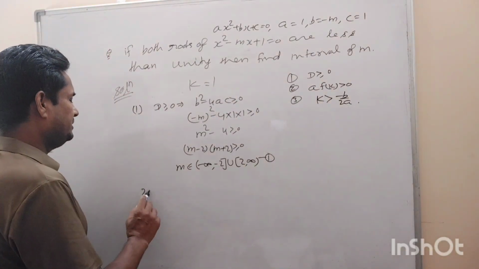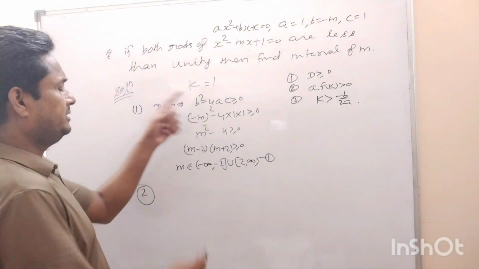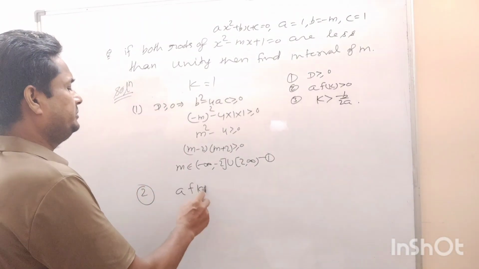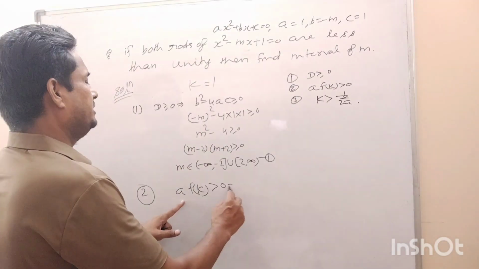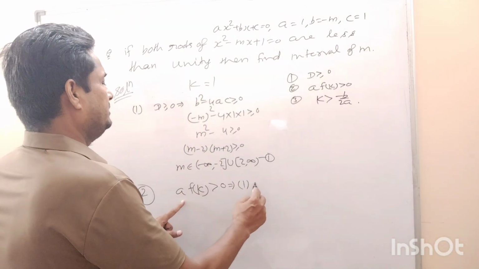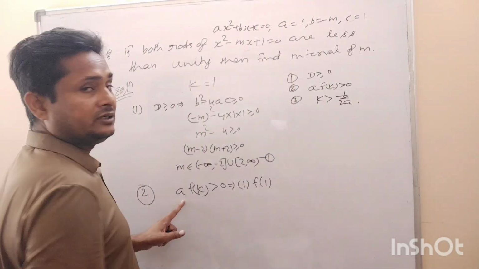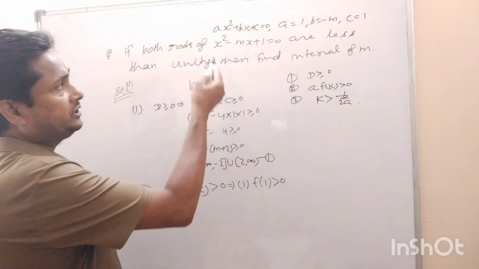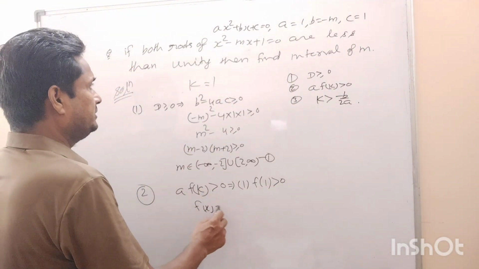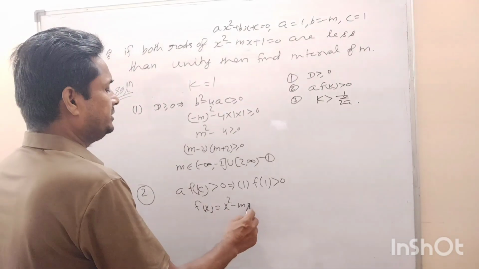Now the second condition answer. af(k) must be positive. a is 1, that means a is 1, and k is 1, so f(1) will be greater than 0. And what is f(x) here? f(x) is x square minus mx plus 1.